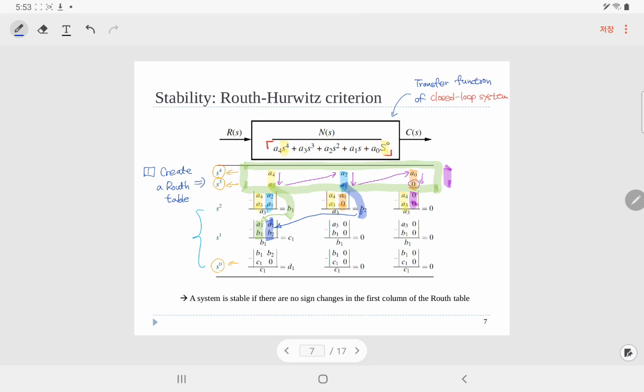So if we create a Routh table like this, the next step is to evaluate or analyze the stability of the given system.